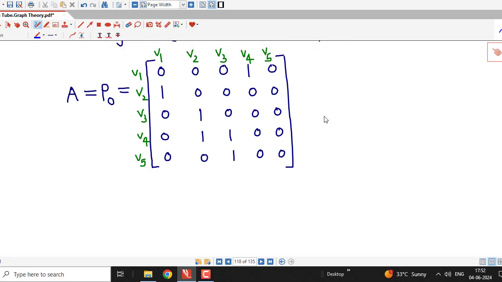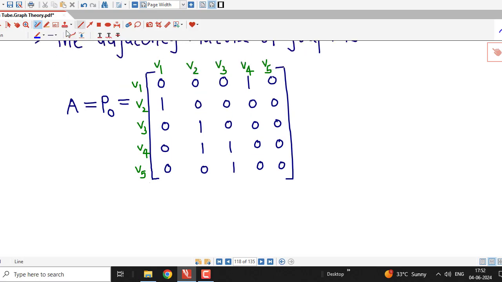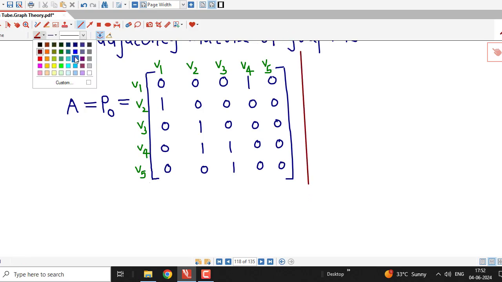Now to write down P1, I will use entries of P0 which I have obtained. So suppose I am writing P1 here. I have already obtained it, but I am writing it here again to explain how we can obtain matrix P1 from P0.